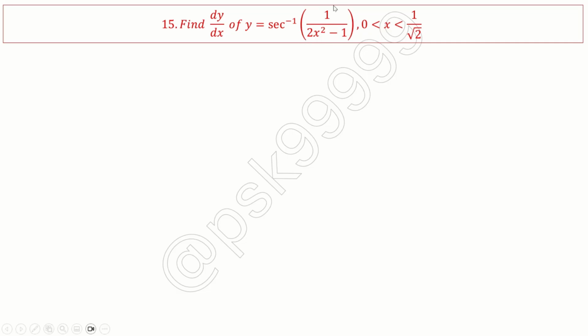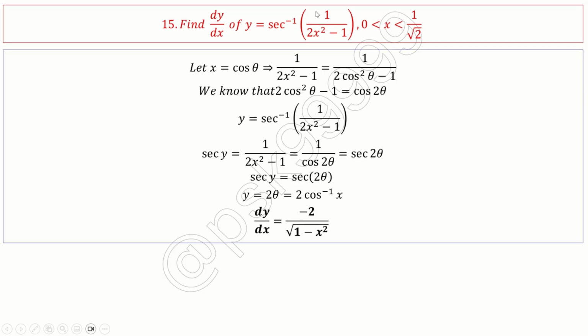So this is nothing but secant 2 theta. Correct? So let's do the same. X equal to cos theta. The expression is secant 2 theta. So secant y equal to secant 2 theta, or y equal to 2 theta, or y equal to 2 cos inverse of x. So dy by dx equal to minus 2 divided by square root of 1 minus x square. This is the answer.